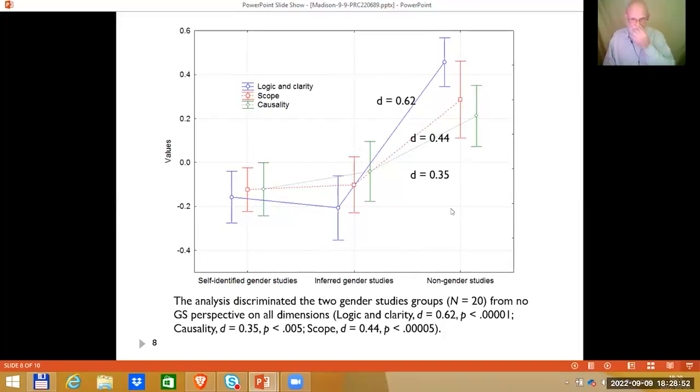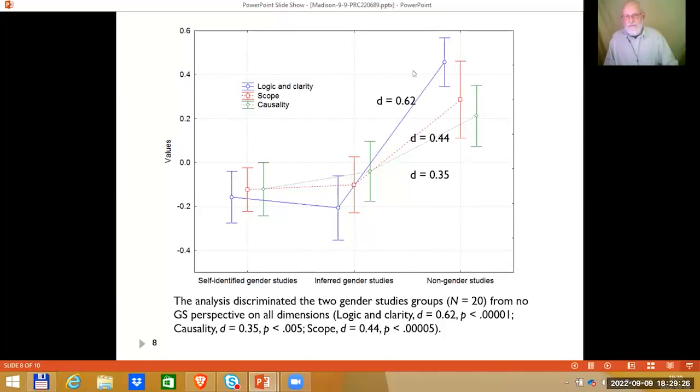When plotting the factor scores of these three dimensions, which you see here in blue, red, and green, we can see that the self-identified gender studies articles were rated slightly lower. And this was also true of the inferred gender studies articles, which in some way attests to the correctness of inferring this kind of perspective on these articles.